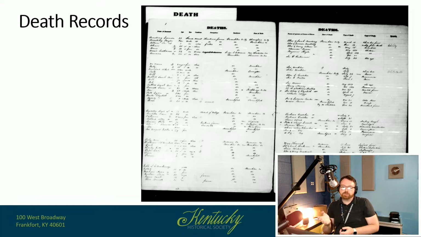Or sometimes certain death records, I know there are death censuses, will also include what caused the death of your ancestor. If you find something like that, that's really useful, because you may find out that they died from consumption or some kind of disease, or something very specific, and it gives you a little more information about your ancestor that way.